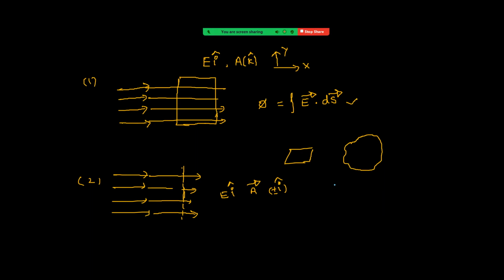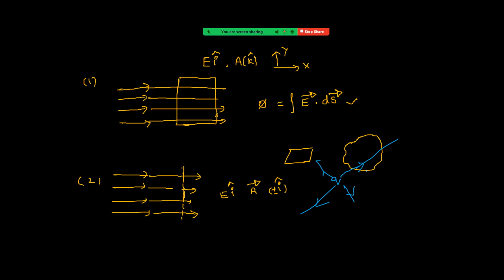Consider a point charge outside, suppose Q. Now the field lines from this charge, we know, go radially outwards in all directions like this.